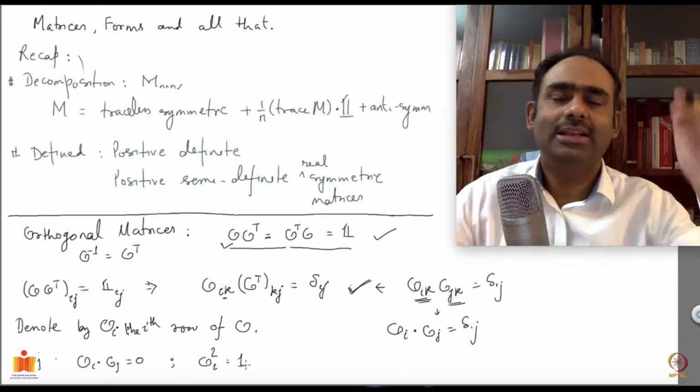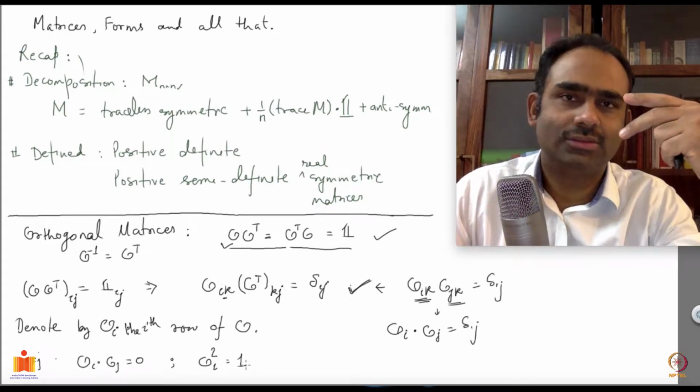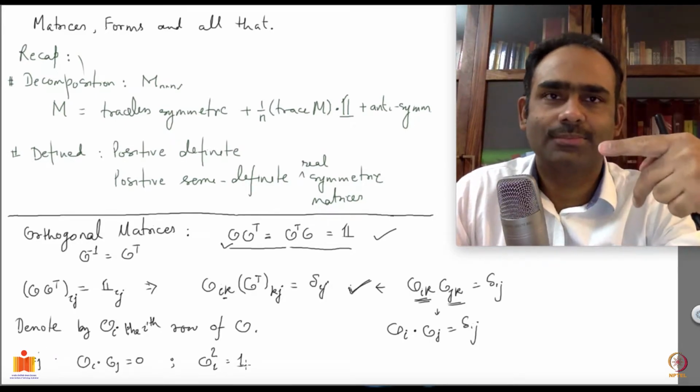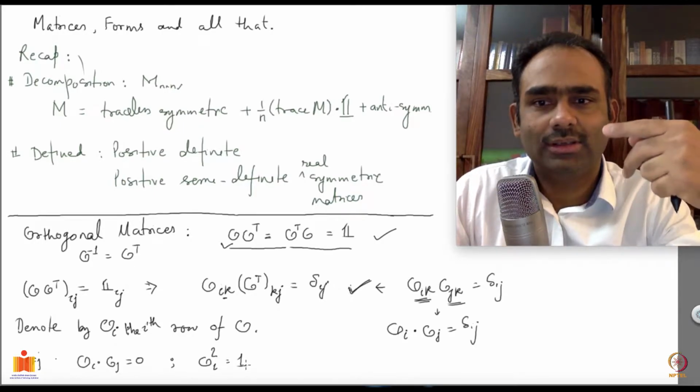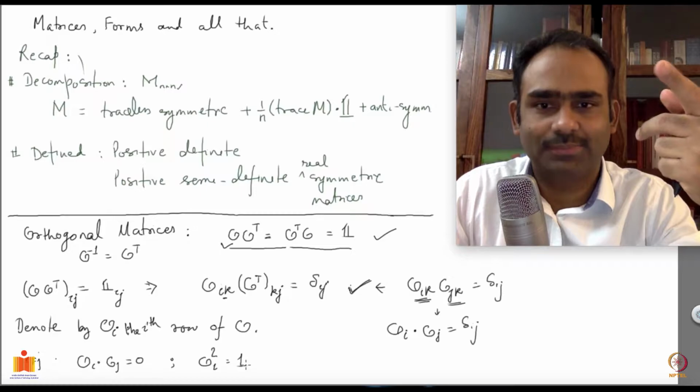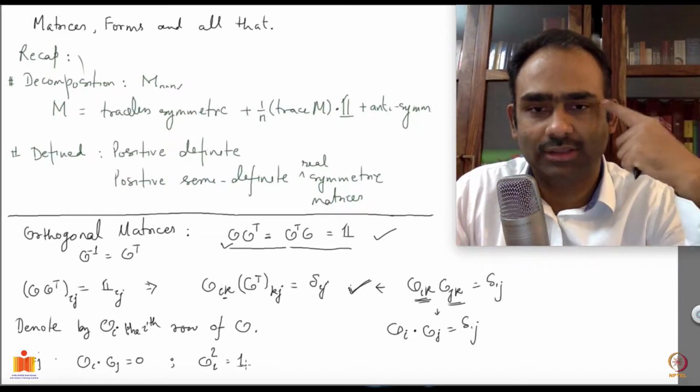Meaning that any two rows are orthogonal to each other, and each row represents a unit vector. So these are all normalized to 1.